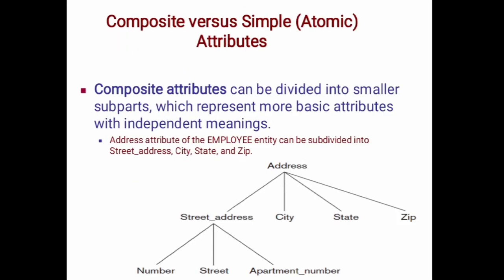There are some types of attributes like composite attributes, atomic attributes, simple attributes, single-valued attributes. Now we will see what is meant by composite attributes. First of all, you should know what is meant by attributes. An entity consists of various types of attributes. For example, employee is an entity, that is a table name, which has EID, ename, address. EID is a single attribute, a single number, but ename can be middle name, first name, father name.